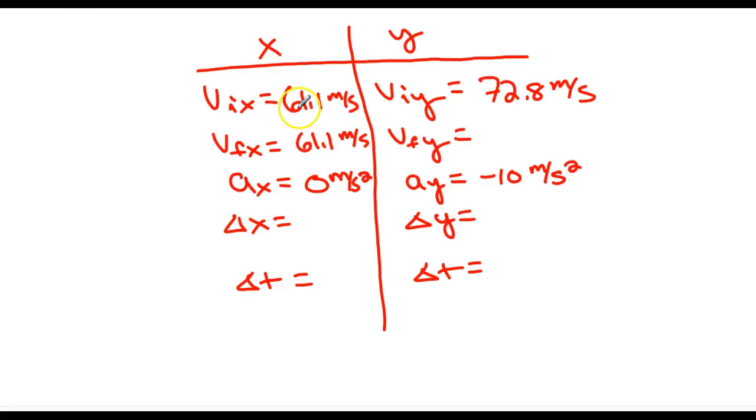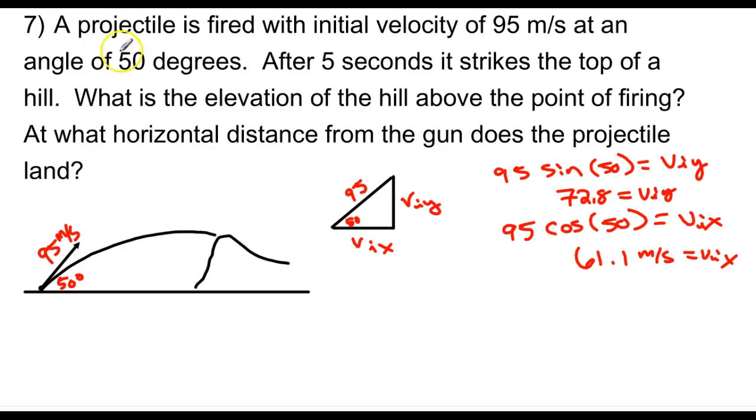So if I'm looking at this, I've got to go, okay, how are we going to solve for delta t, delta x, and so forth? If I know delta t, then I can multiply it by our velocity in the x direction. That will give me delta x. So let's see how we can solve for delta t just using what we know about the acceleration and the initial y velocity here. So this is what we want to know: how long is it in the air?